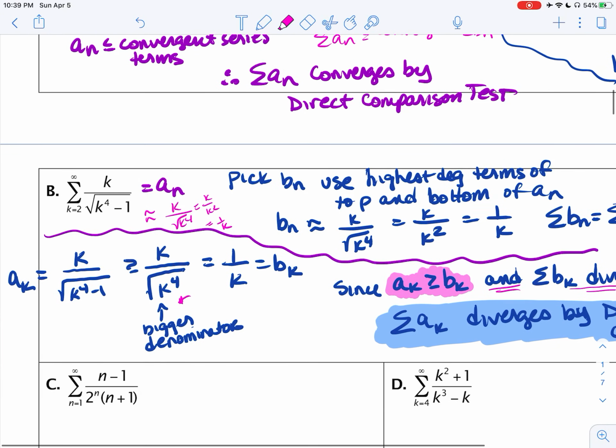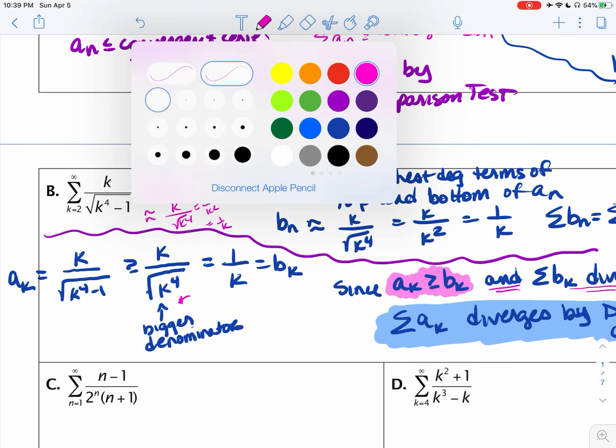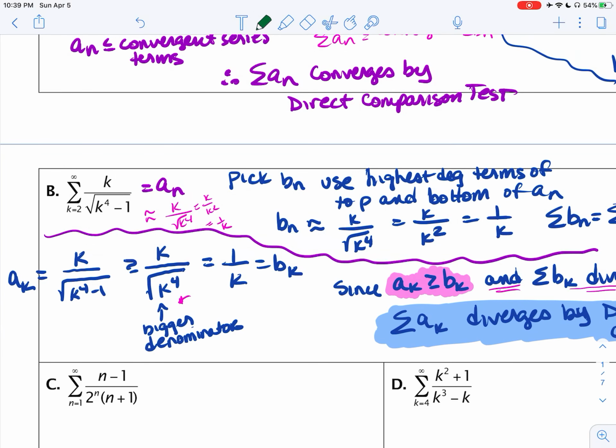And I do see here that k over the square root of k minus 1 is bigger than or equal to k over the square root of k to the 4th. Why? Because this is a bigger denominator, because we have subtracted 1, right?